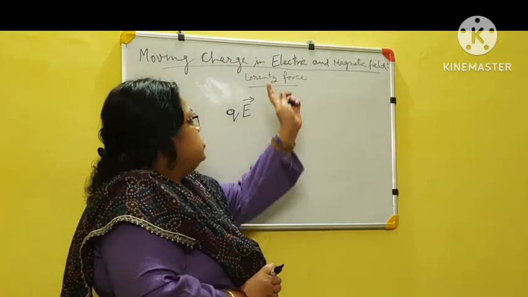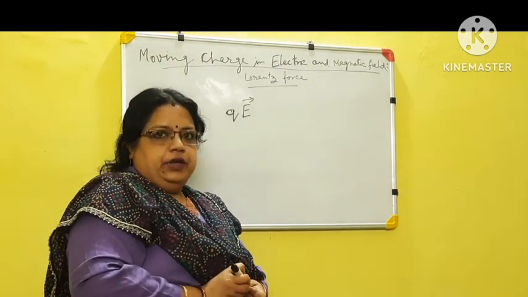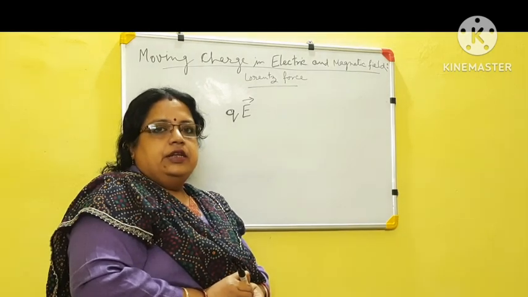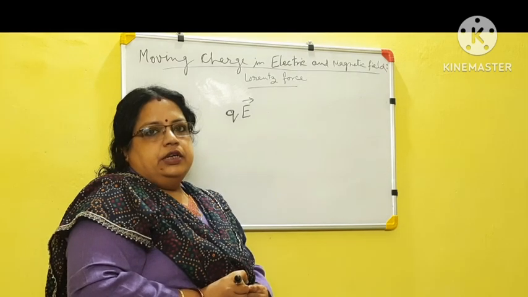Now, if it is also placed in a magnetic field and the charged particle is moving, then... if it is static, then only this force will be experienced by the static electric charge.